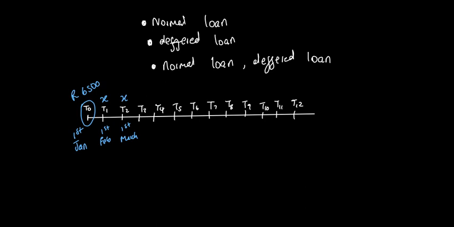But if it so happens that you start to pay the loan 2 months after it was granted, then it means you would have started to pay here, but you were supposed to start here, remember?